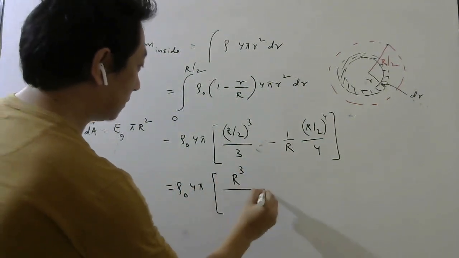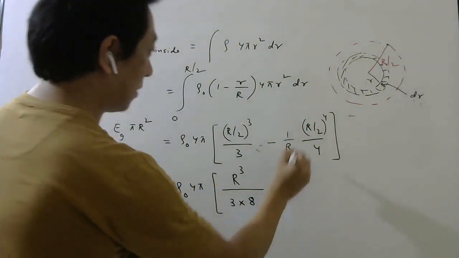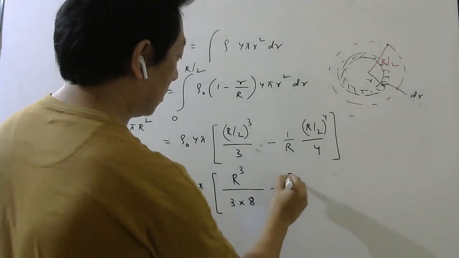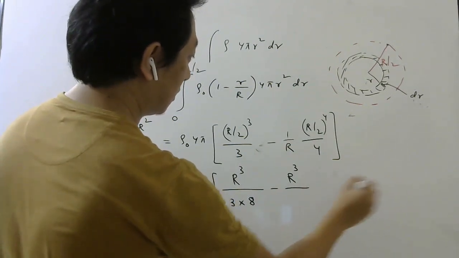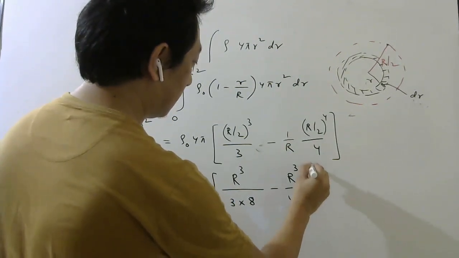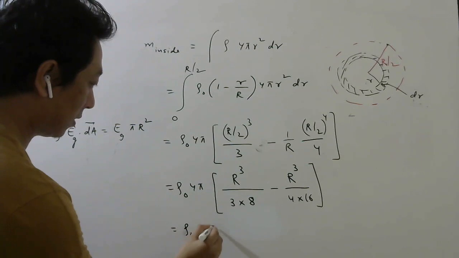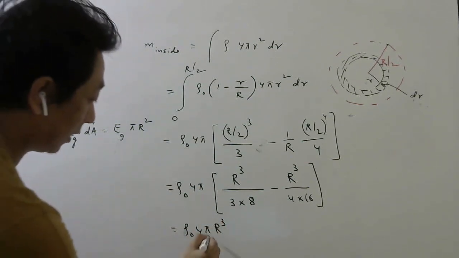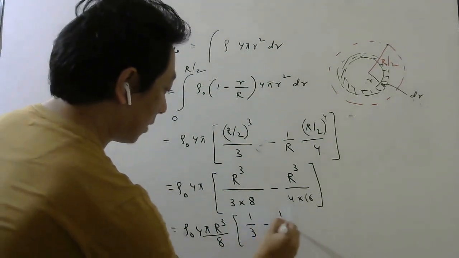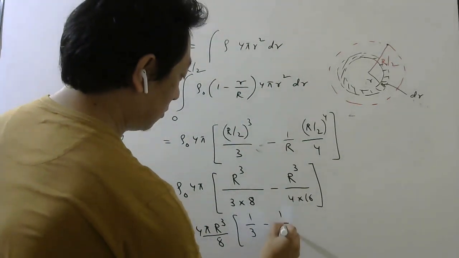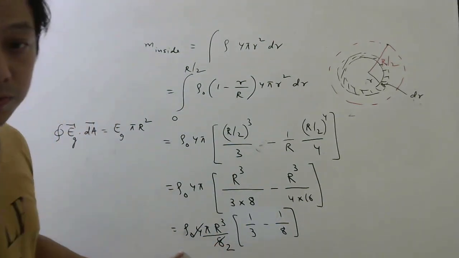r cube by, how much will it come? 2 cube is 8, so 3 into 8, minus this r will cancel, r power 4 over R, so r power cube will be left. 2 power 4 is 16, so 4 into 16. Right, students? So then if I take r cube also common, let me take 8 also common, then I will get 1 by 3 minus 1 by 8. 4 twos are 8, so this 4 and 8 will be cancelled, 2, right?